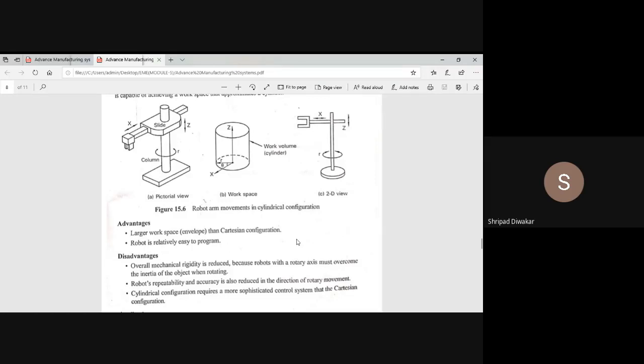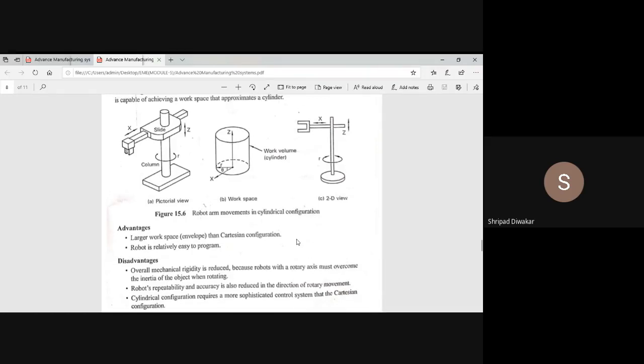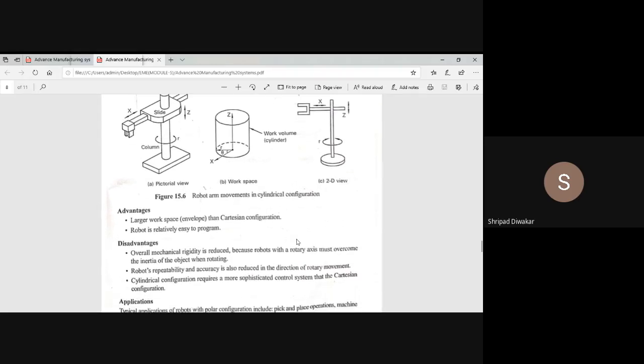In case of Cartesian coordinate system, the workspace required is more. Okay, so that was a disadvantage, but here the larger workspace is available than the Cartesian configuration because of the angular rotation. A robot is relatively easy to program. We can do easy programming in case of cylindrical configuration.